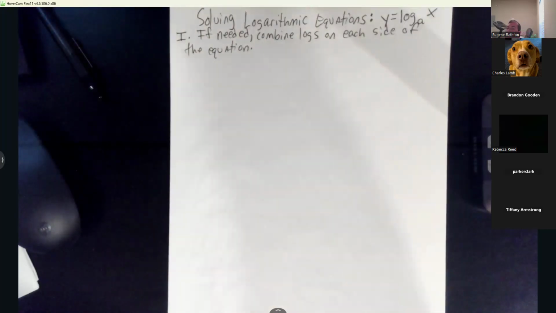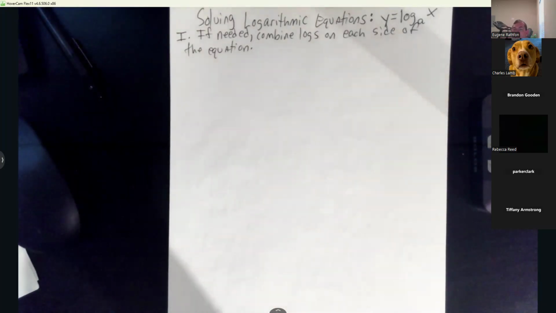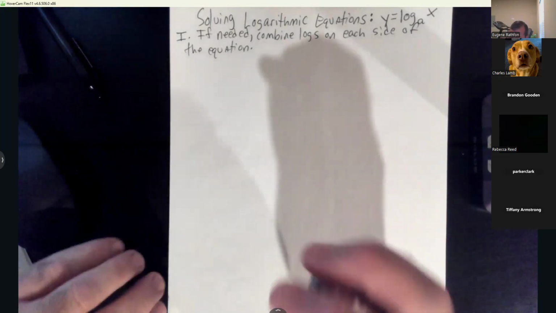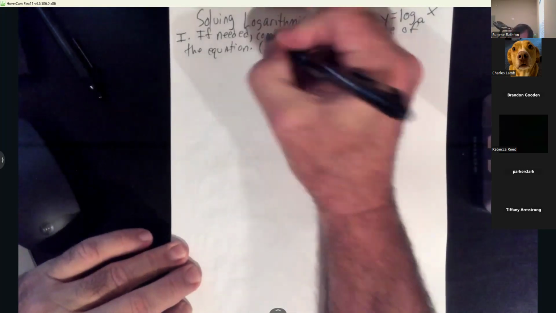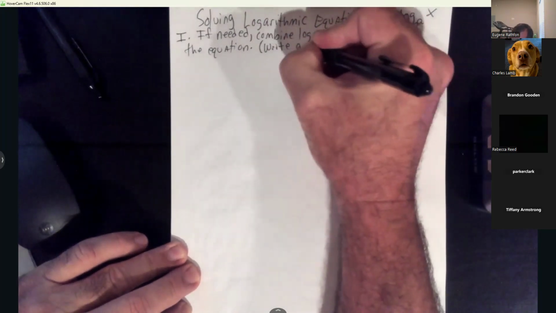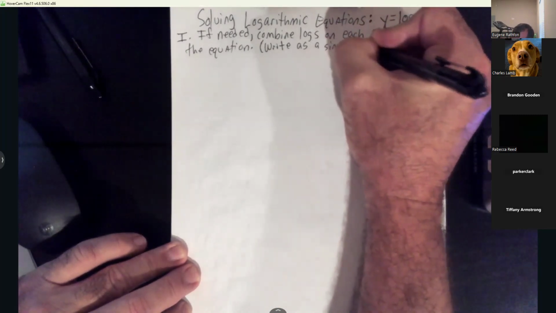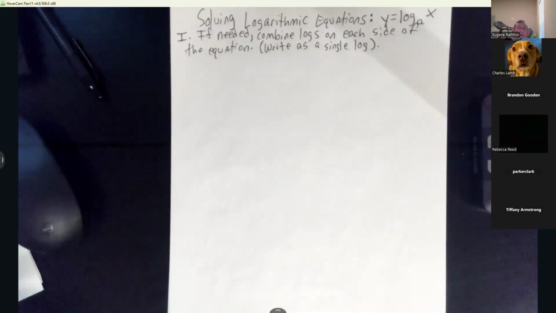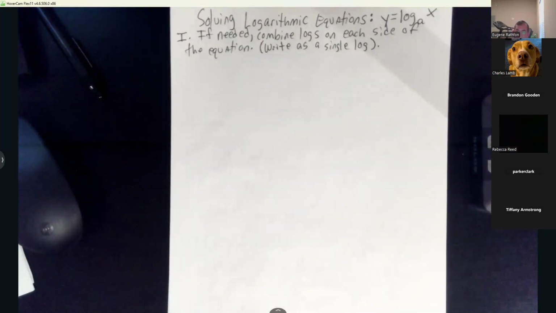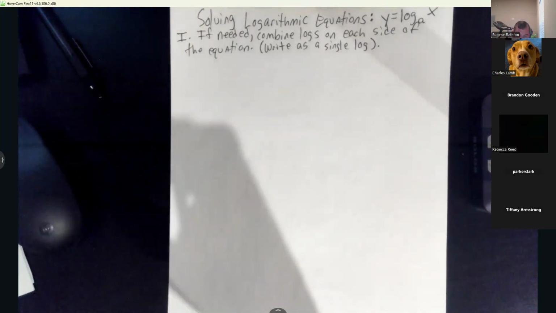Don't add one from one side, though, to one on the other side. They got to be on the same side of the equals, okay? So what we're doing there is we're writing as a single log. So that's stuff we learned how to do Tuesday. Okay, if they were added, we wrote them as a product. If they were subtracted, we wrote them as a quotient.